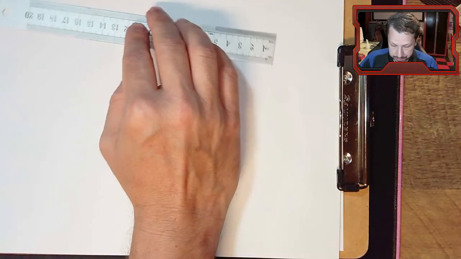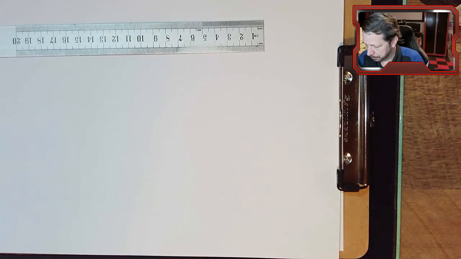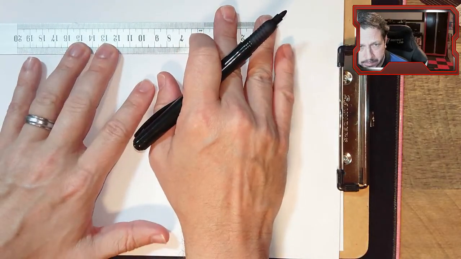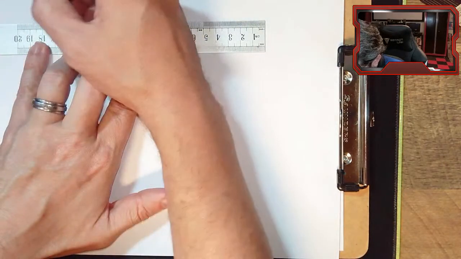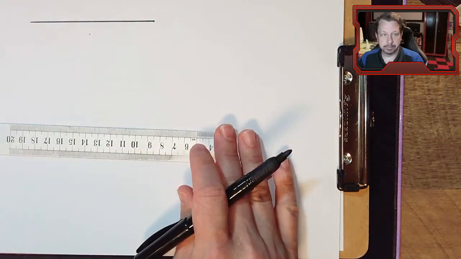All right. To get M, we need to know the largest possible value for M in the whole beam. The way to do that is to draw the shear and bending diagram of the beam. So I'm going to come in and just draw the beam as a line, something like that.